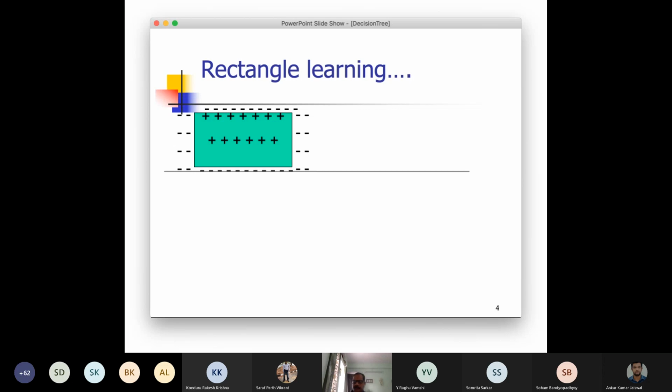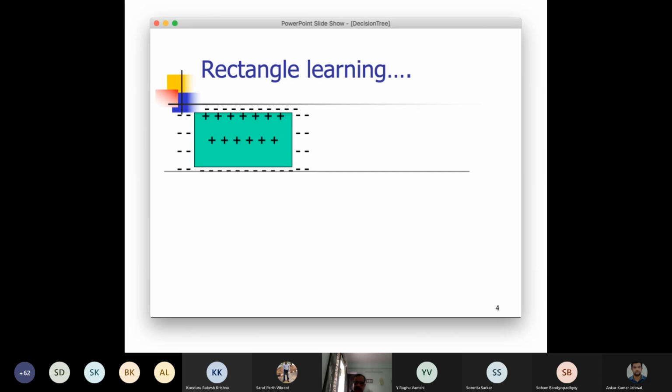Another example of this kind of concept of decision tree. Say this problem is that, suppose I give you a set of labeled points in a two-dimensional space, and the labels are shown here already. They are positive or negative. So it's a two-dimensional coordinate space.